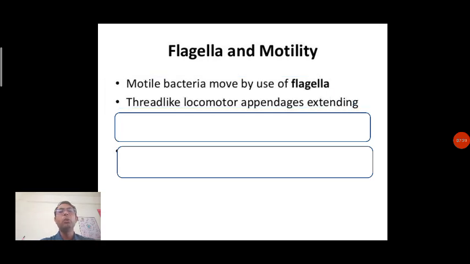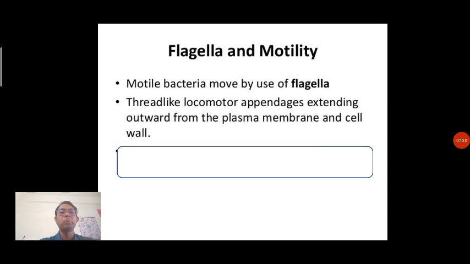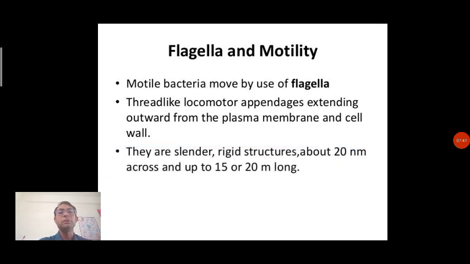Motile bacteria move by the use of flagella. Flagella are thread-like locomotor appendages extending outward from the plasma membrane and cell wall. So from the cell wall and cell membrane, the flagella are developed.